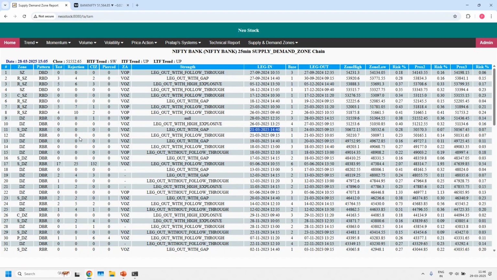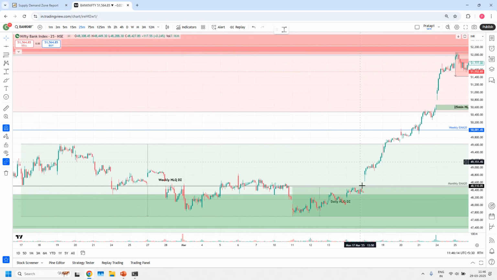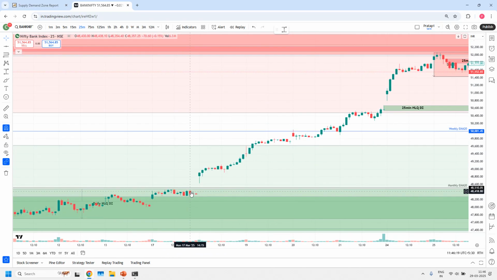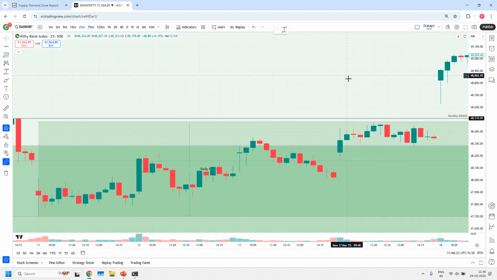Okay, any more 25 minutes demand zones? The next one is 16. You have 17.3, 14.15. Okay, somewhere here. 14.15, here you have 2 base candles. Drop, 2 base candles, rally with hidden body.